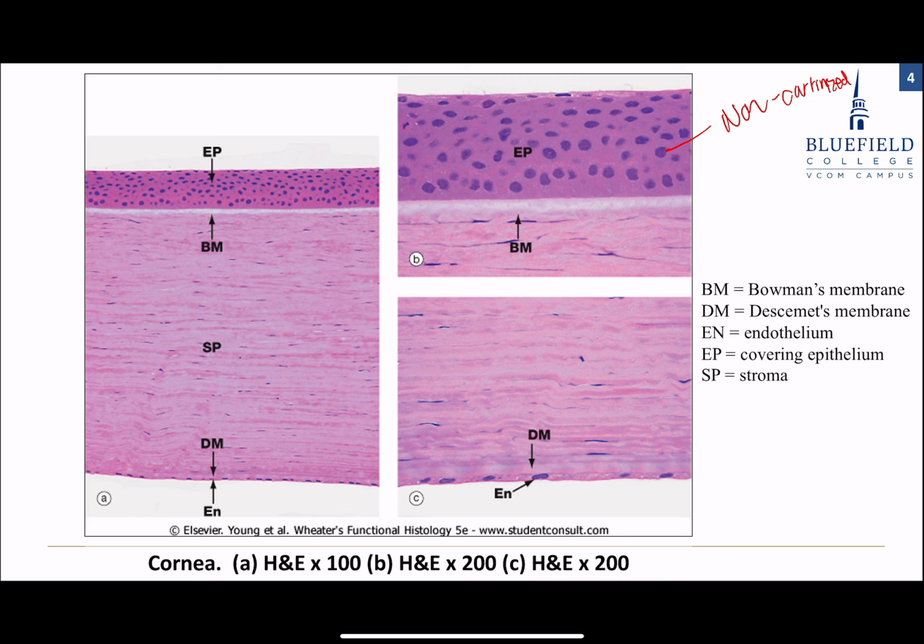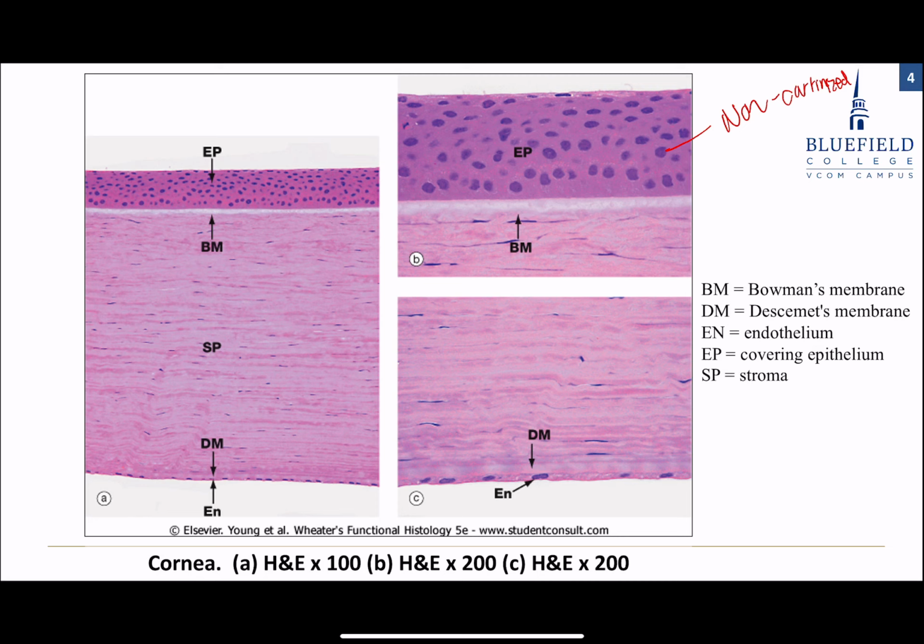All right, if we follow it on down, and then we come over here, this is the bottom portion, higher power magnification. If we look here, before we get to our inner epithelial lining, there is once again a thick basement membrane here called Descemet's membrane. It doesn't stand out to the same extent because it doesn't give us as much of a nice negative image as the Bowman's membrane, but it still is distinct enough you can see it.